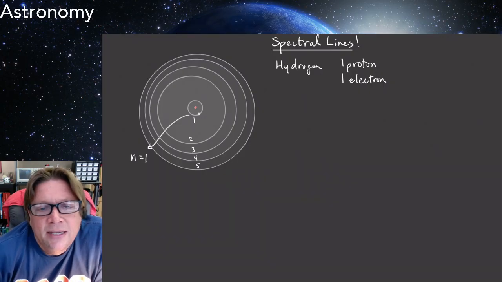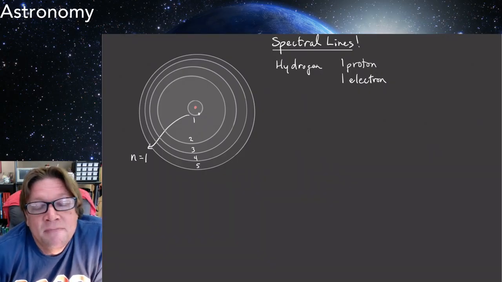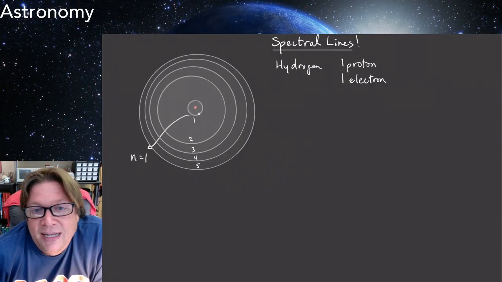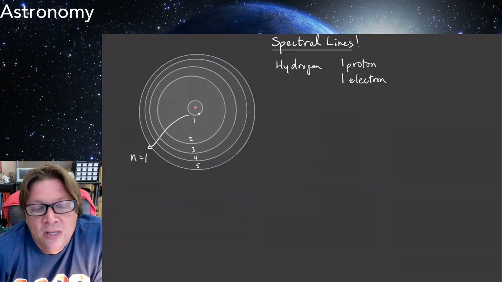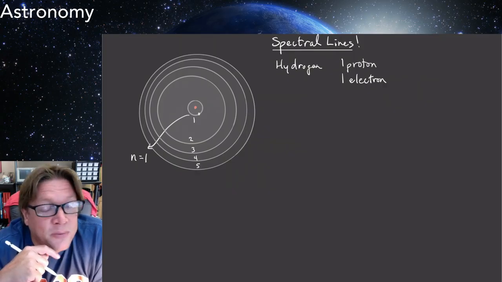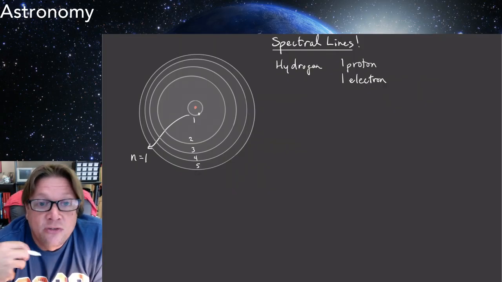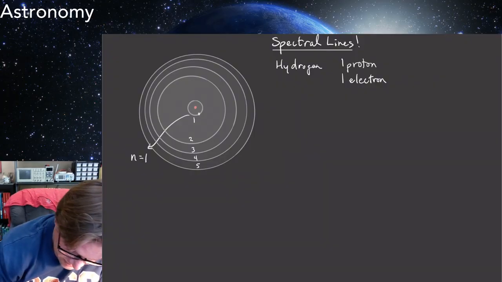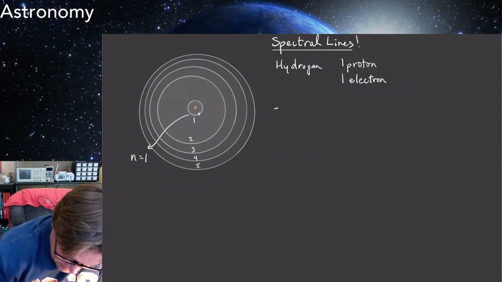Okay, here's what happens. If an electron is sitting there at 1, how do you kick it up to 2? What you have to do is give the electron some energy. There's a couple of different ways that could happen. Electrons can soak up energy by absorbing light. It turns out that electrons are what are responsible for emitting light. I better write this down because I'll probably keep saying it.